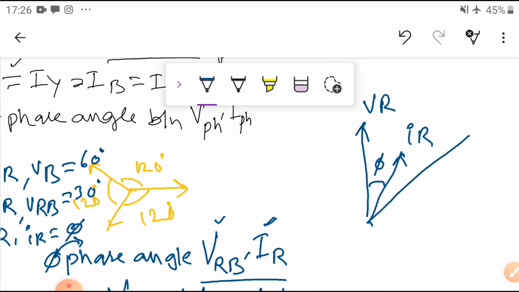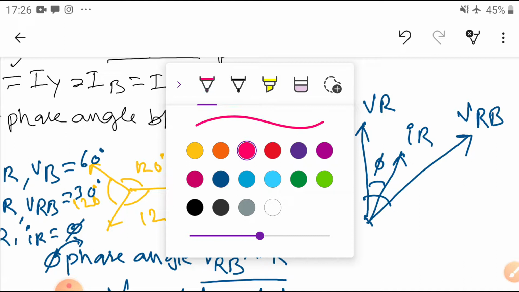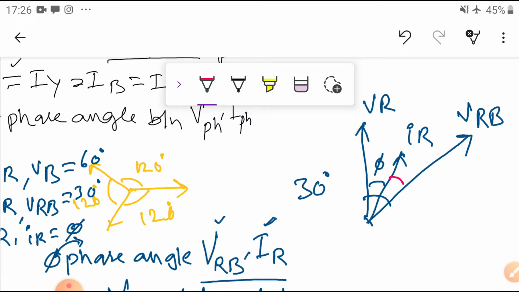So this is the VRB voltage, and this angle is equal to 30 degrees. I want the angle between these two. I know that this is 30, and I know the phi.